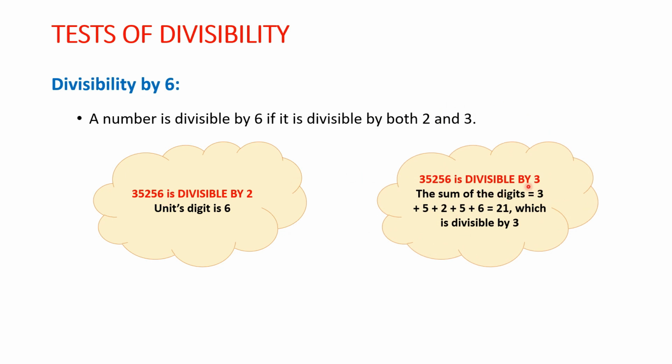To check this, we have to find the sum of the digits. The sum of the digits is 21, which is divisible by 3. Then the given numeral is divisible by 3. If it is divisible by both 2 and 3, then the given numeral is also divisible by 6. This is how we have to find the divisibility by 6.